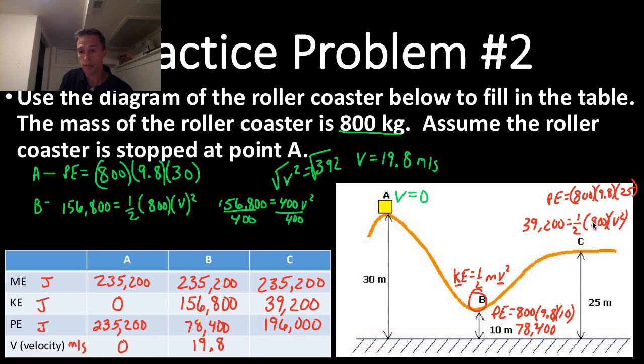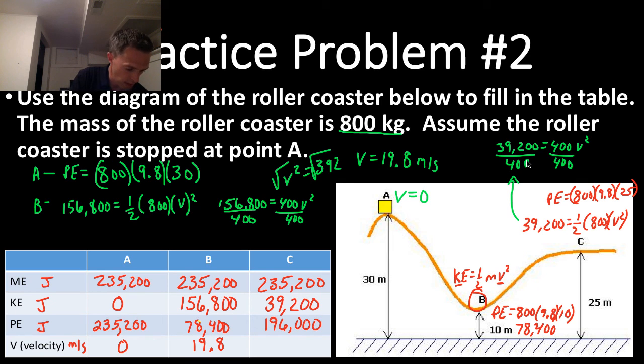Again, half of 800 is 400. So let me come back up here and continue this. 39,200 is equal to 400 v squared. Okay, we divide both sides by 400.